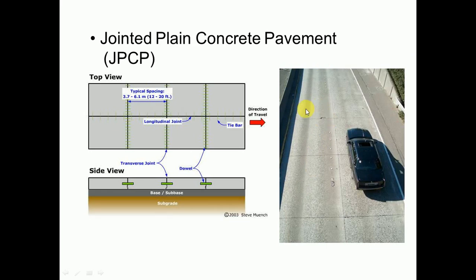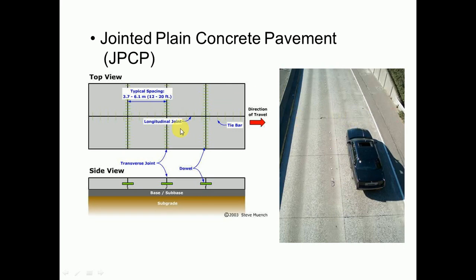Depending on the width of the pavement, you can consider it a single lane road or a two lane road. Consider this as a two lane road. Then the total pavement section is divided into a number of panels, or cement concrete slabs. Because of this nature, there will be two types of joints. One joint along the length is called the longitudinal joint, and across the width of the pavement is called the transverse joint.